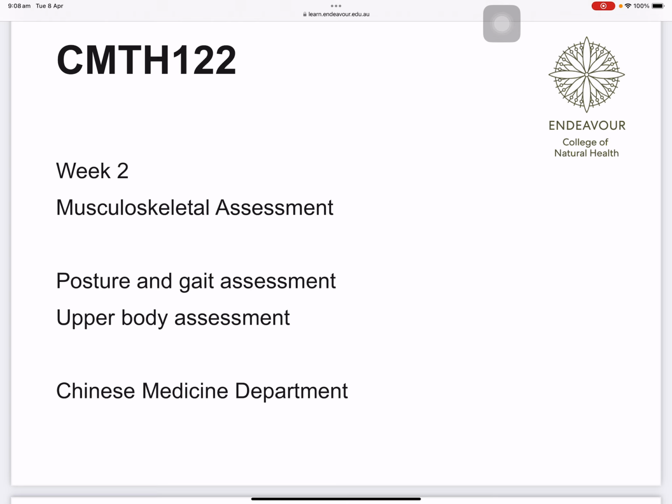Let's say the patient's time slot is 1 p.m. to 2 p.m., so we need to finish by 2 p.m. And then we can tidy up the room and reset the room and leave the room for the next patients. Otherwise they all get delayed.